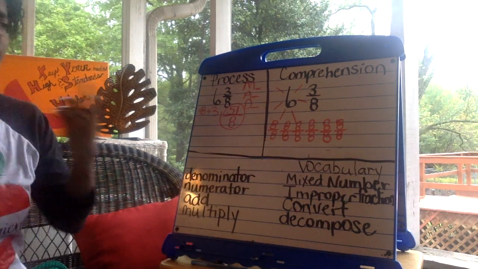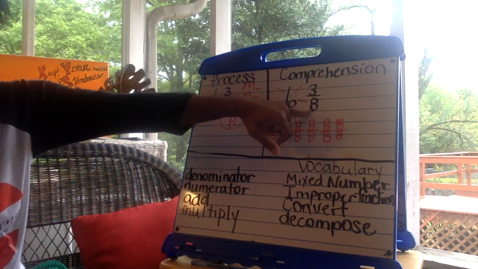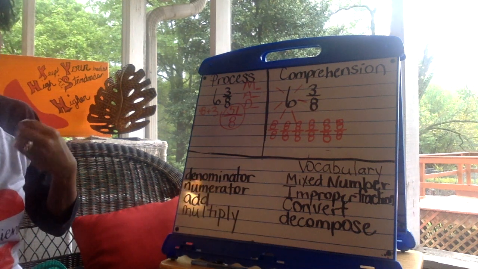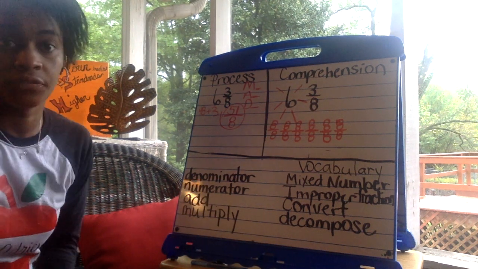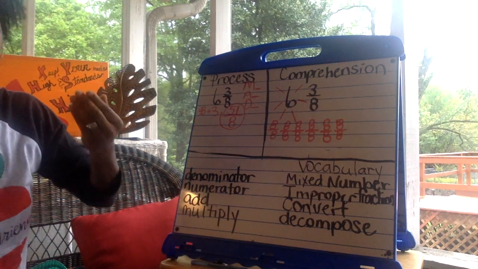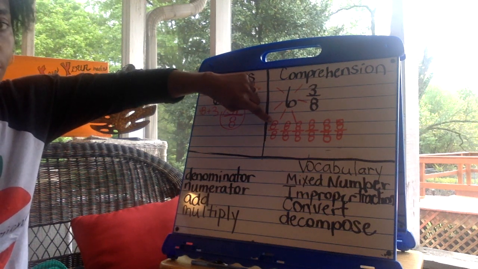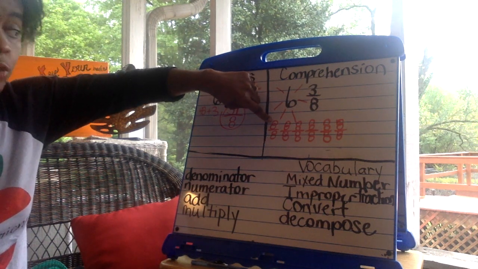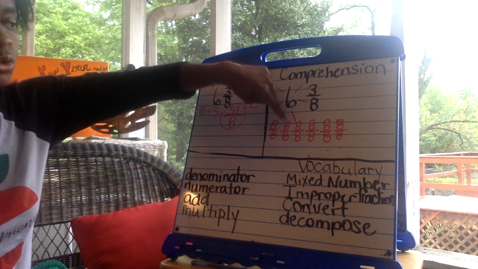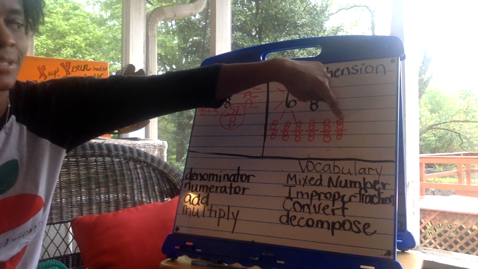Now you may ask, well, why use 8/8? Well, we always look to the denominator in helping us focus or helping us to understand the parts of wholes that we're dealing with. So if I count it by my wholes, 1 whole, because any fraction with the same numerator and denominator equals 1. 1 whole, 2 wholes, 3 wholes, 4 wholes, 5 wholes, 6 wholes.